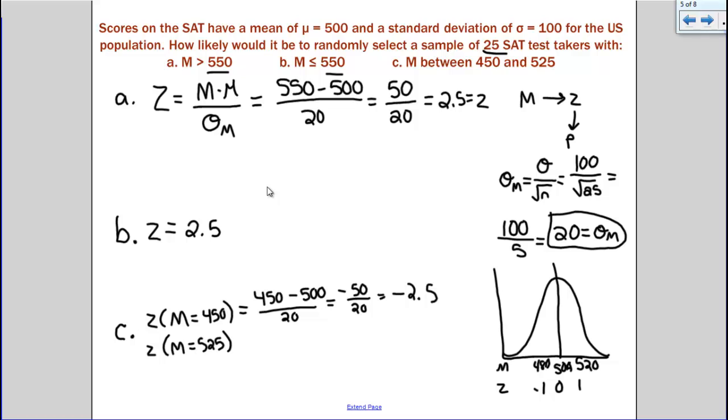And then for a mean of 525, so 525 minus 500 divided by 20, you have 25 divided by 20, and you end up with a z-score of 1.25.